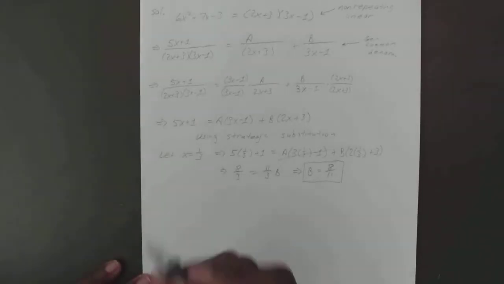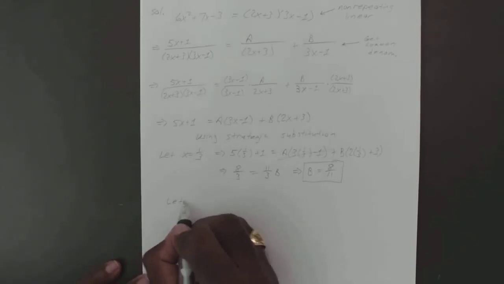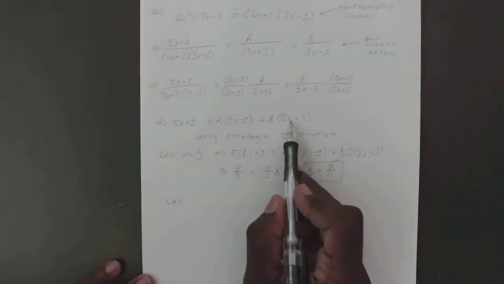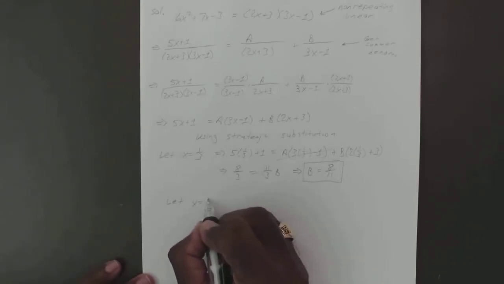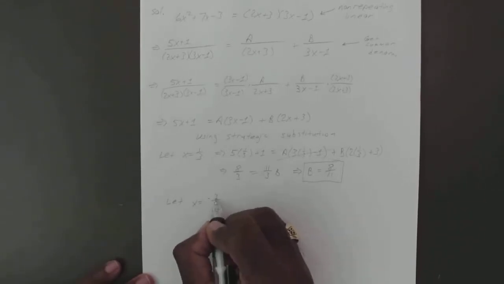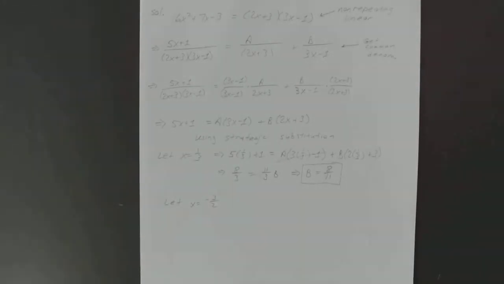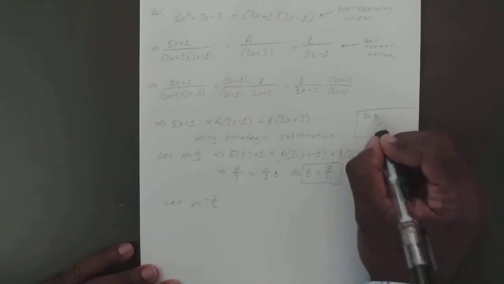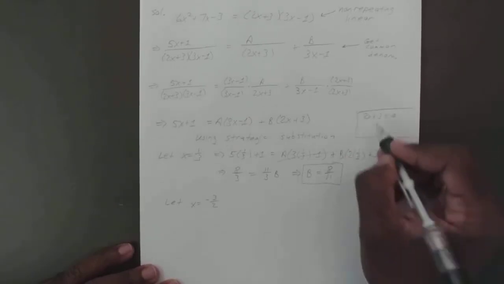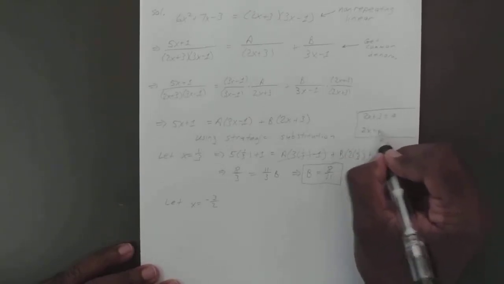Now we do the exact same thing to solve for A. Okay, so we want 2x plus 3 to equal 0, so we make x equal negative 3 over 2. And again, you don't have to try and figure out what to put there. All you have to do is set 2x plus 3 equals 0.